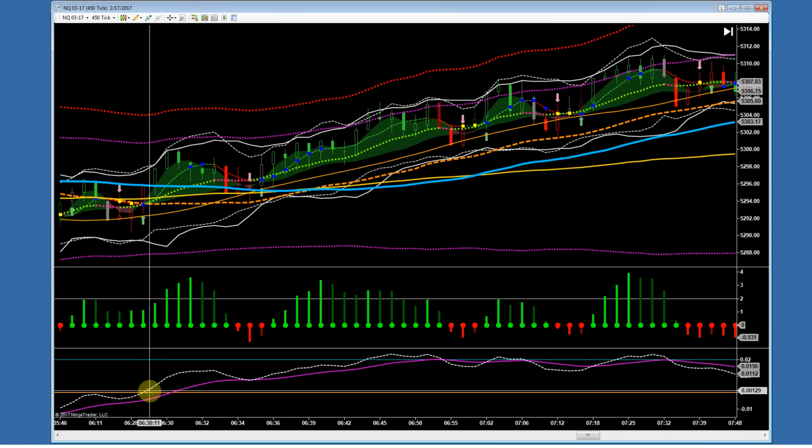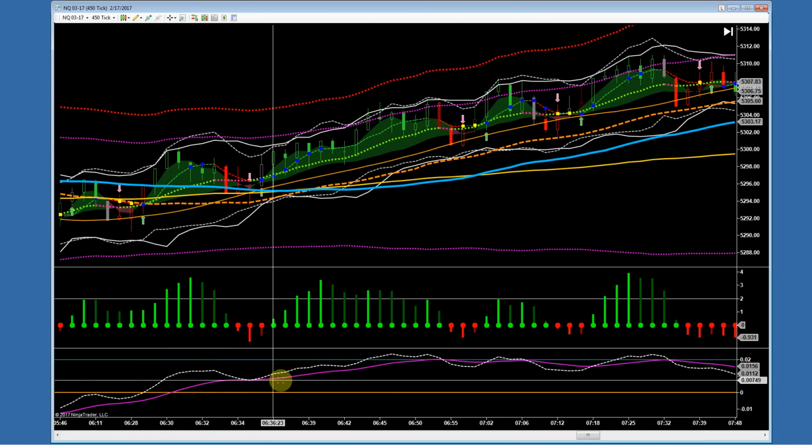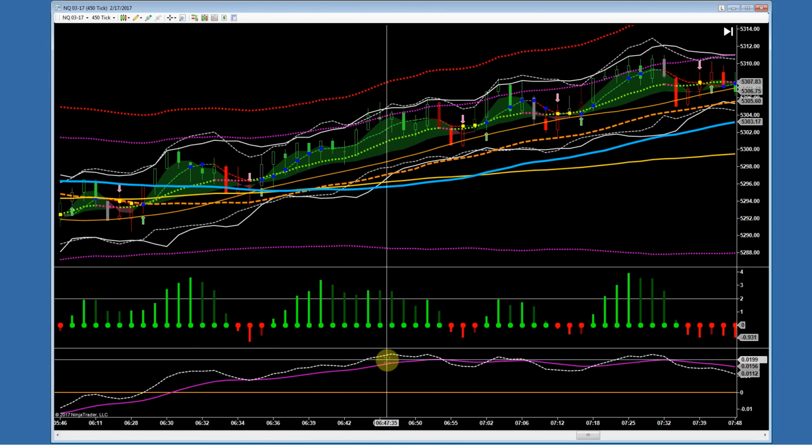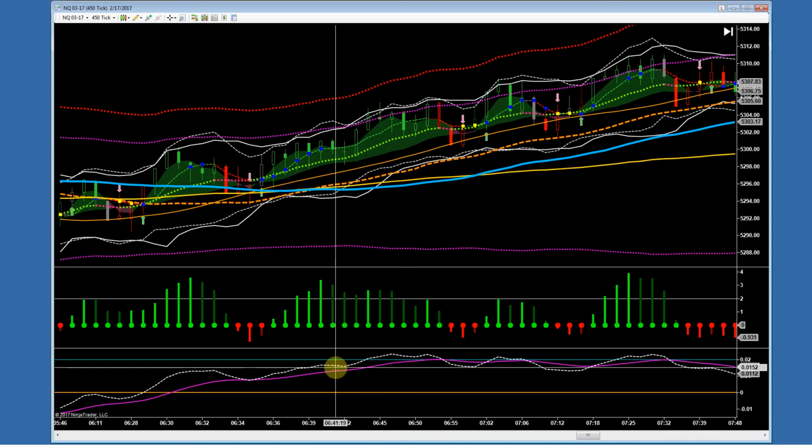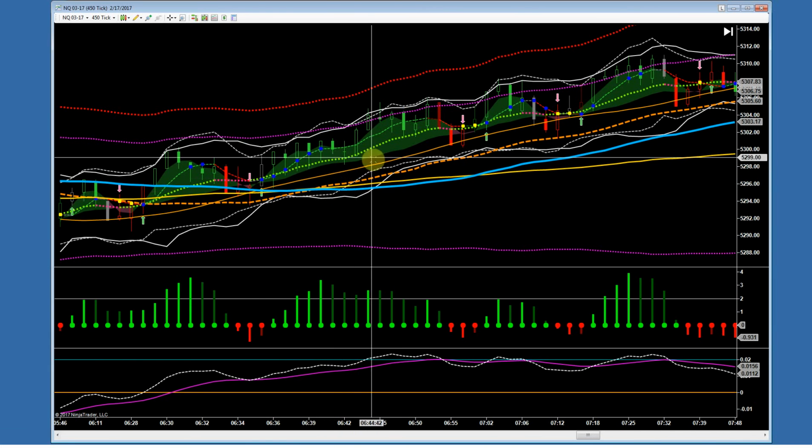First you have the white line crossing over, then you have the magenta line crossing over, and generally, once they cross over, there's going to at least be a move to where these lines close in on the blue line level up here. So that also gives you some understanding of where to watch for the price to go.